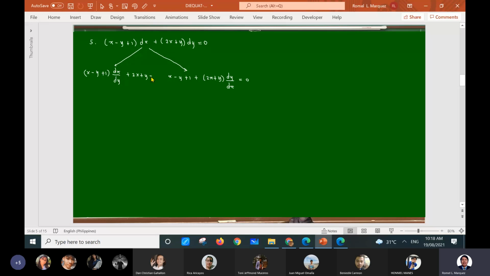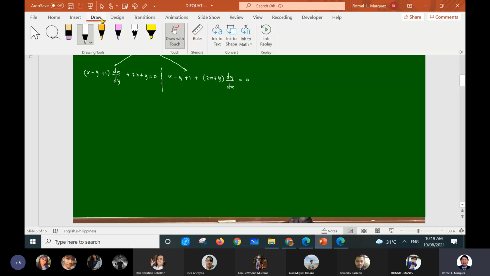If you have the first form, the dependent variable is x. If you have the second form, the dependent variable is y. So there are two cases, unless your teacher told you that the dependent variable is y, therefore you have just this one. And these are just some examples of ordinary differential equations.